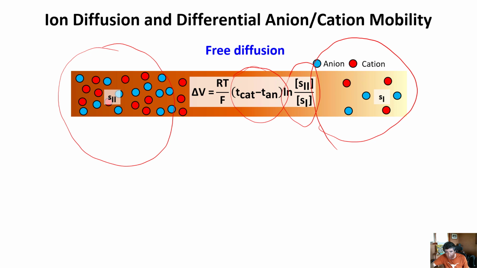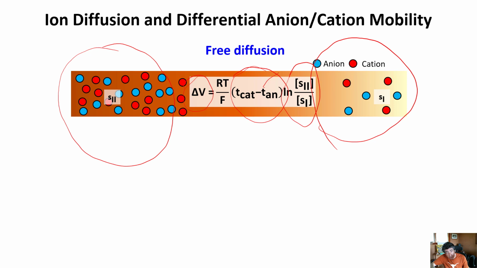If they have the same transport numbers, this quantity becomes zero, and therefore an electrical potential does not develop. But if there's a difference in the transport numbers of the cation and anion, then he found that difference could give rise to an electrical potential.